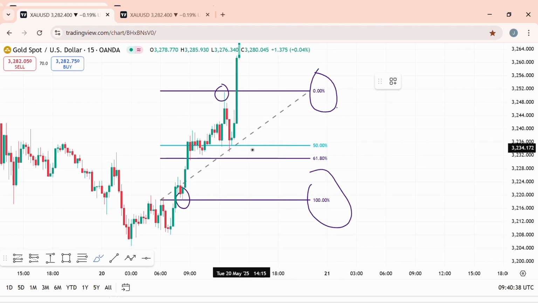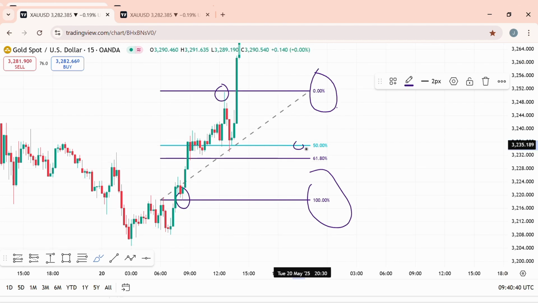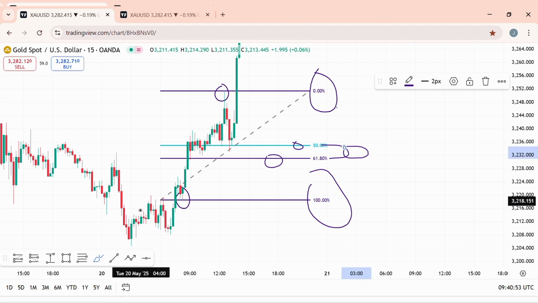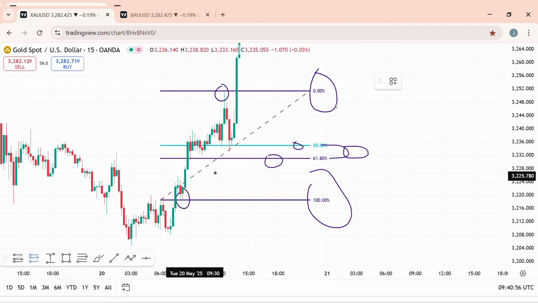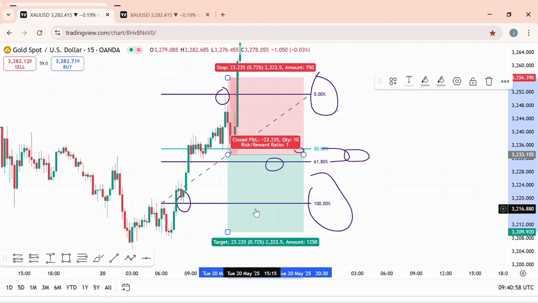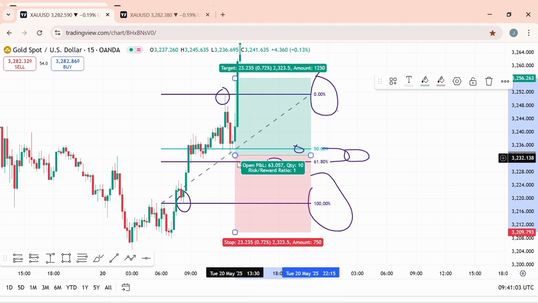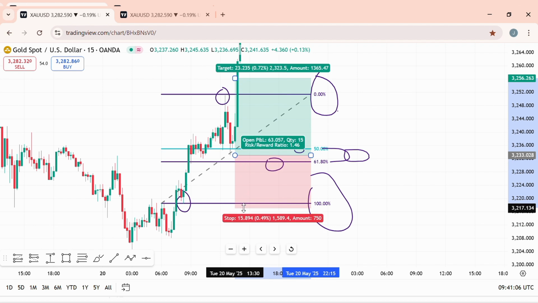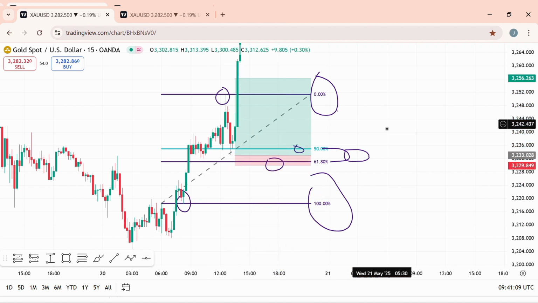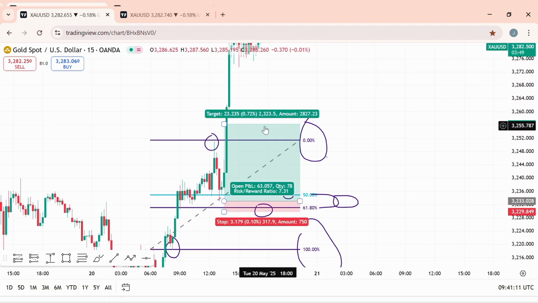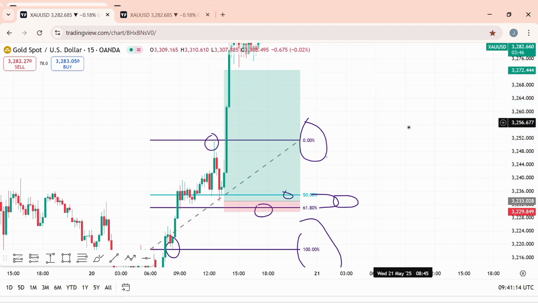For most cases, I usually enter the market when level 50 or level 61 gets hit, but basically between 50 and 61.8, this is our premium zone, and you can enter the market in this area. If you are to enter, this is a long, you could have placed your entry here, then a few pips below the 61 point something, and you catch all this big move.